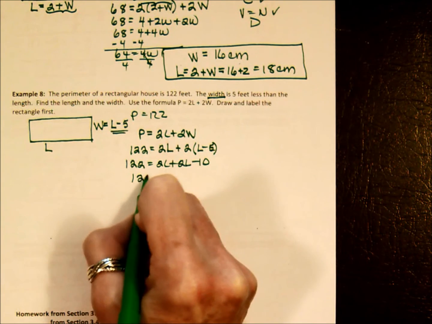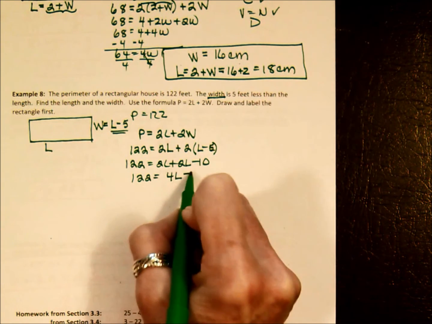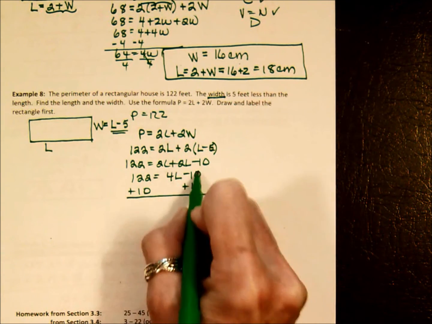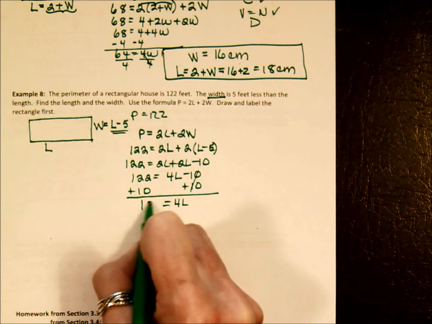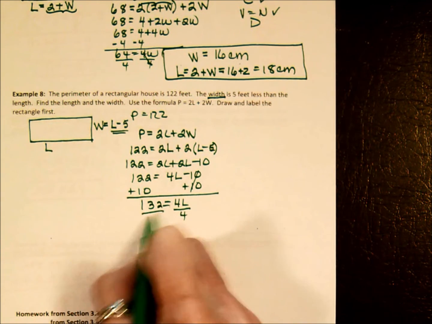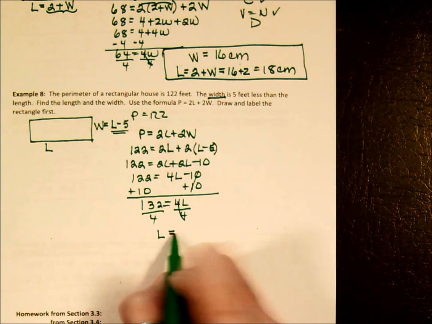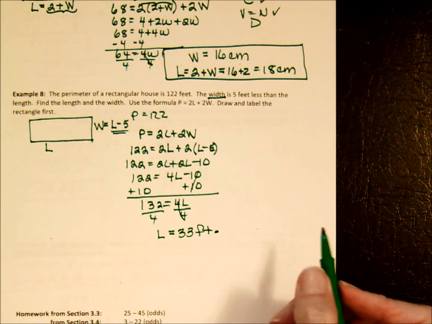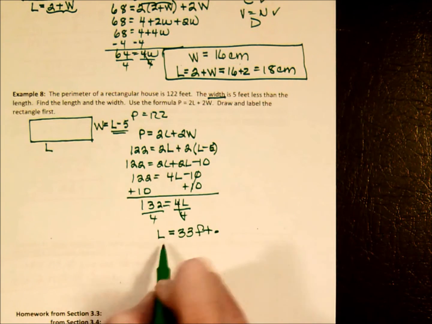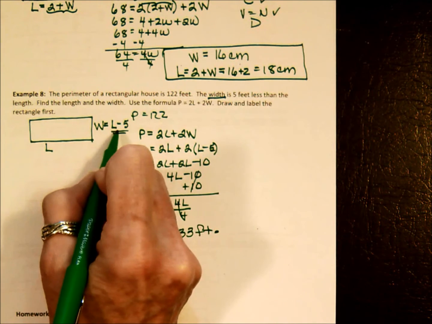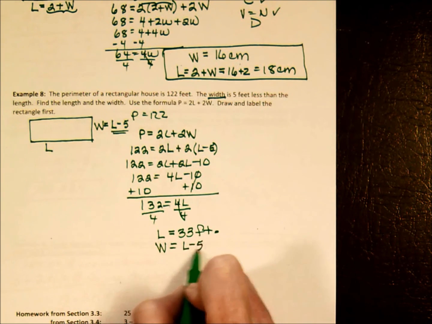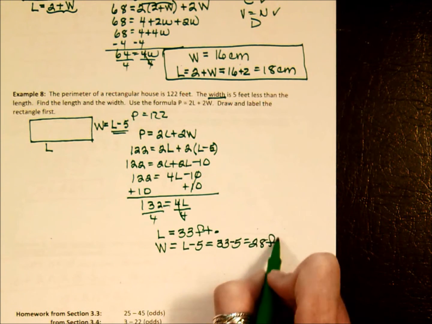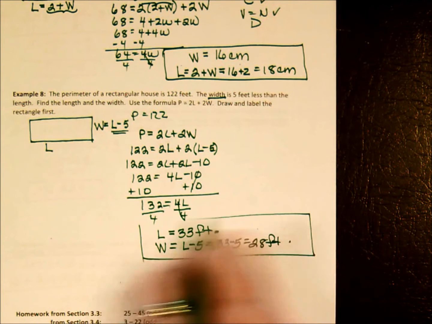We're going to combine like terms on the right, and now I'm going to move the numbers to the left because the variables are taking up the right side. Divide is our last step, and we get L equals, if you divide that, 33 feet. So I know that L is 33 feet. The width is, go back to your picture, L minus 5, so it's 33 minus 5, or 28 feet. And I have the 2 pieces in my comparison problem.